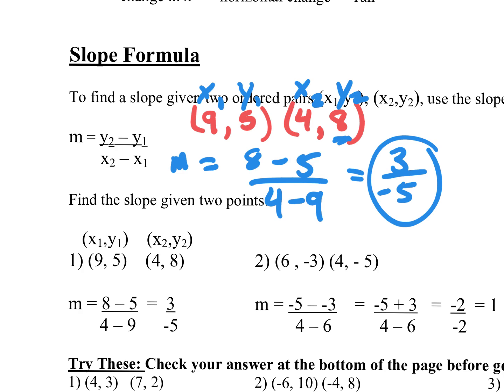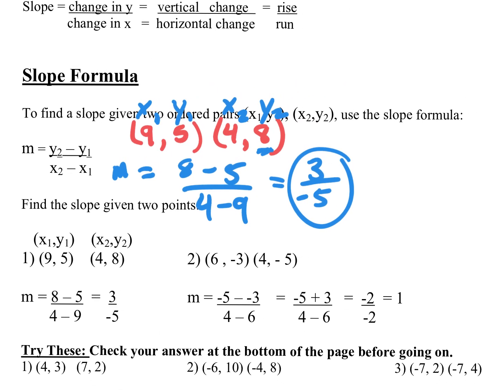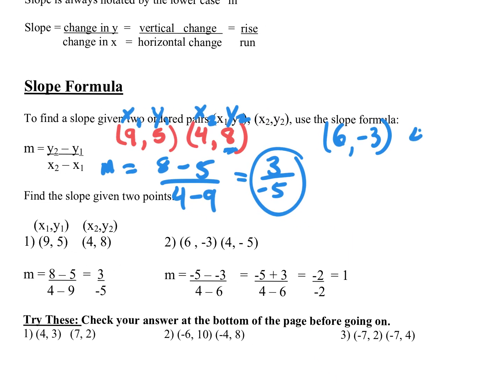So let's try that again. Let's use some different coordinates. Let's do 6 and negative 3, and we'll use 4 and negative 5. So I'm going to label these like this: x1, y1, x2, y2.